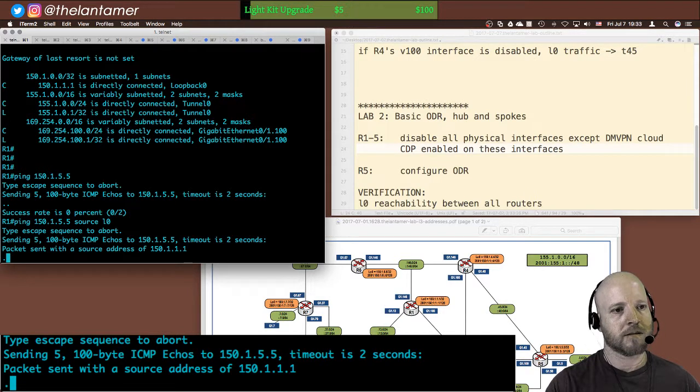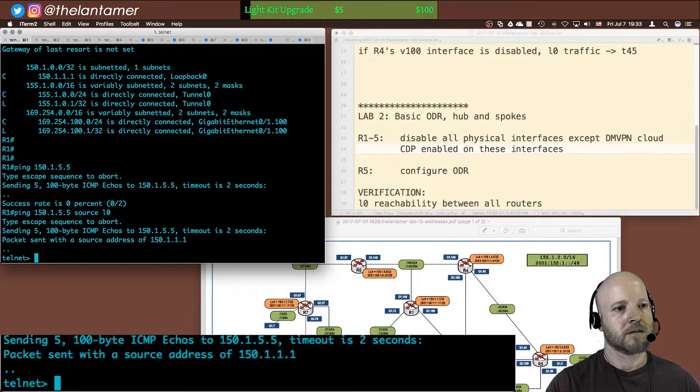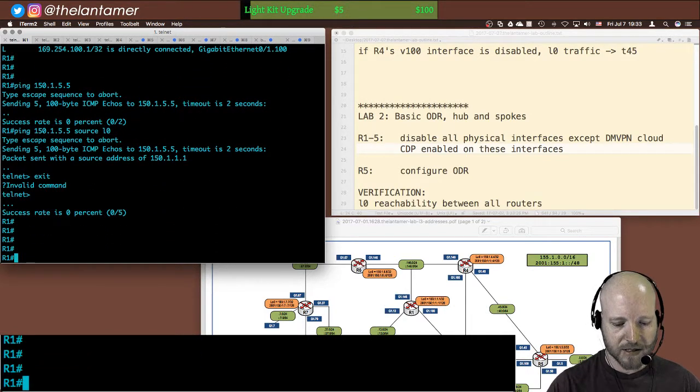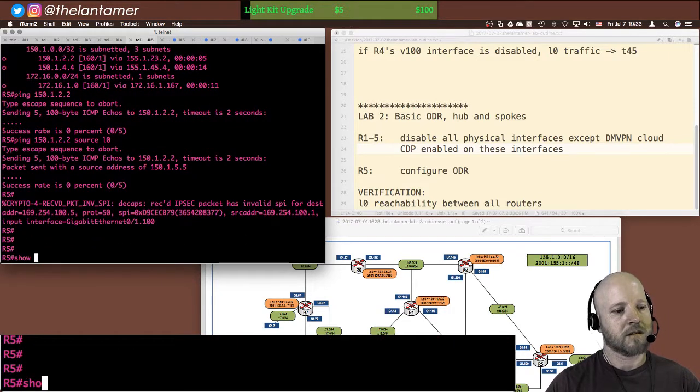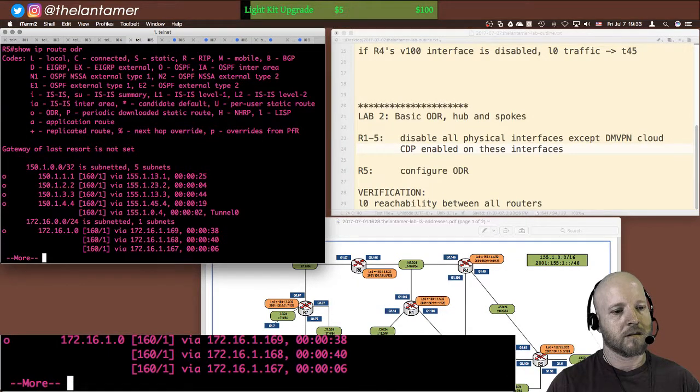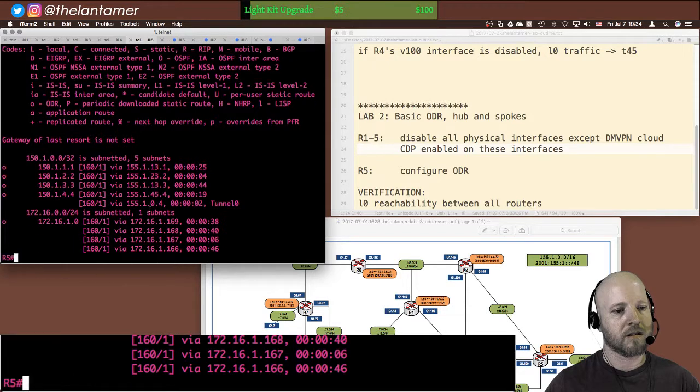Nada. What did I just do? I initiated a telnet session. Okay, I'm learning them, but it should not be via those interfaces. All right, that looks correct.